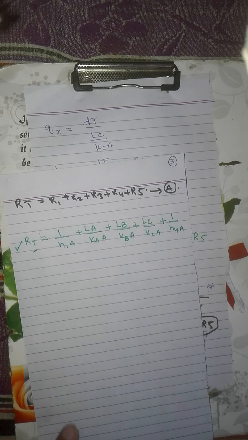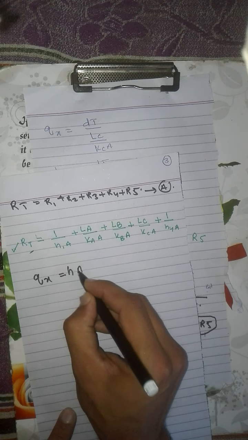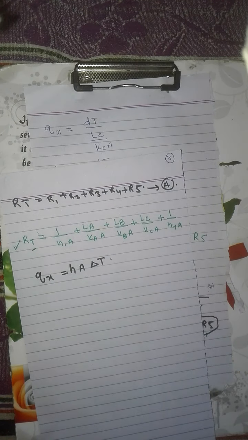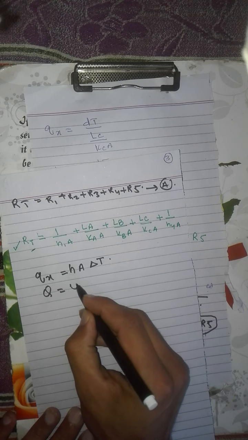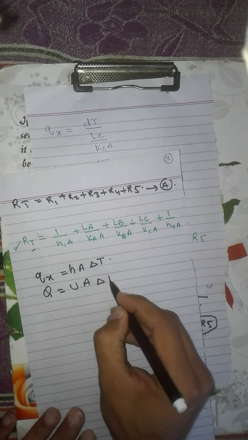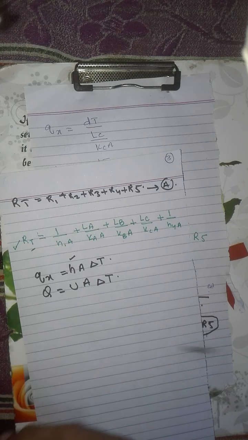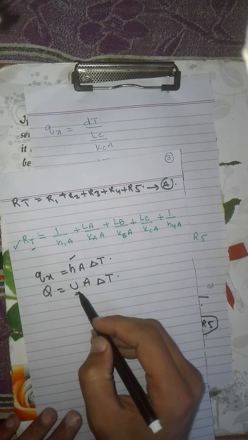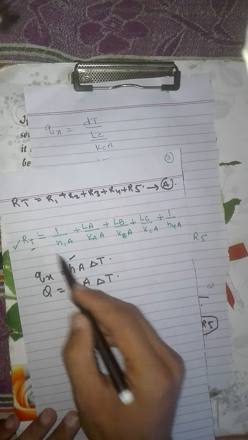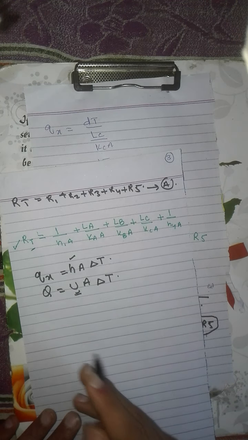From Newton's law of cooling, we know that Q of x is equal to hA delta T. For the overall heat transfer, we can also write that Q is equal to UA delta T, where h is the heat transfer coefficient and U is the overall heat transfer coefficient. This combines various resistances, and the reciprocal of these resistances is the overall heat transfer coefficient.